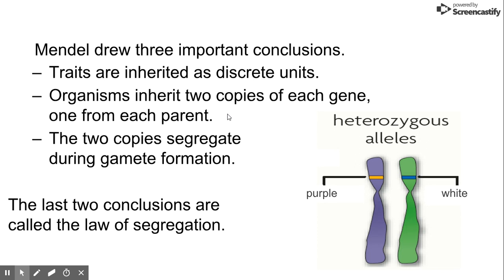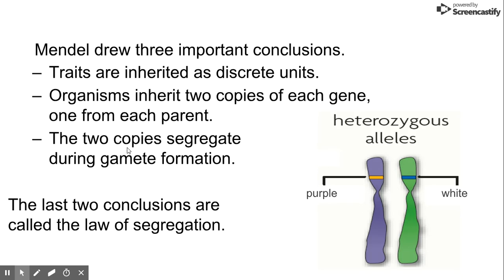We, as organisms, inherit 2 copies of each chromosome, one from each parent, which makes sense. We have talked about how meiosis happens, about gamete formation, and about fertilization. So we know where those copies of each chromosome are coming from.